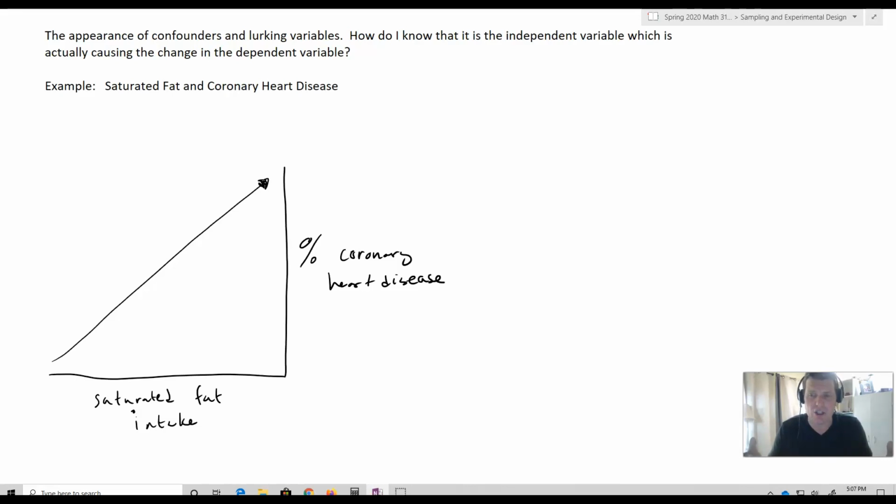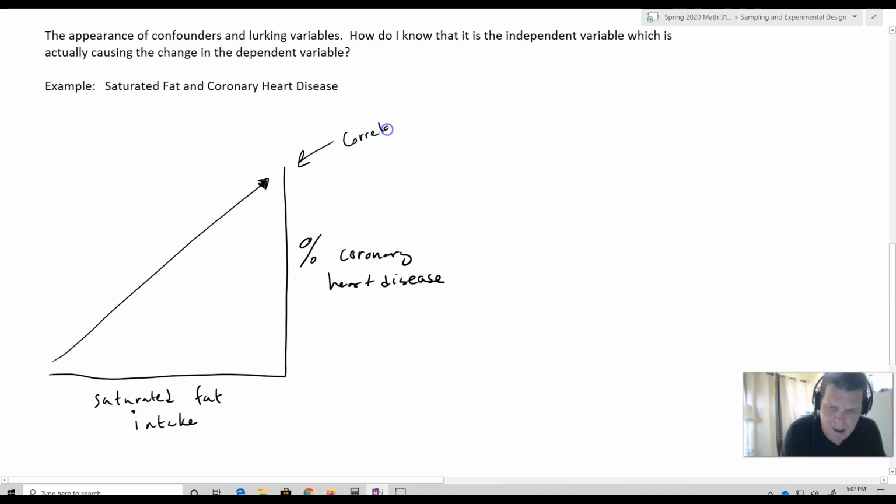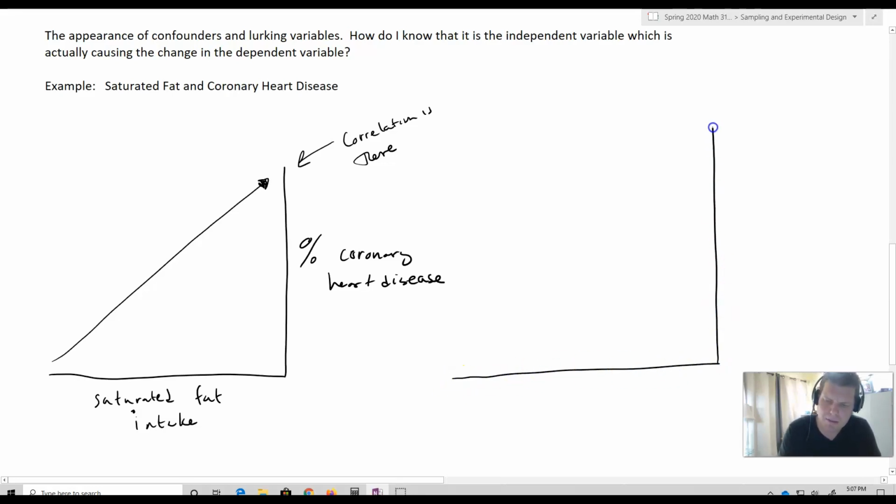That actually is called a correlation. The correlation is there, so we have a mathematical relationship. We see it sitting right there. But at exactly the same time, there was an increase in consumption of refined sugar.